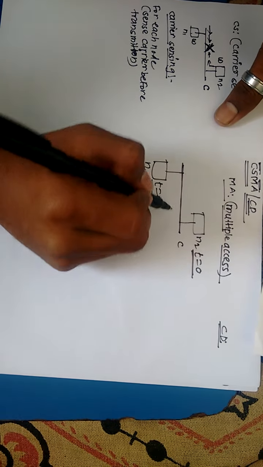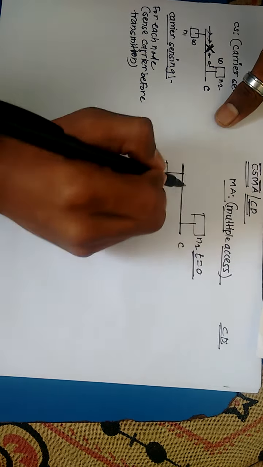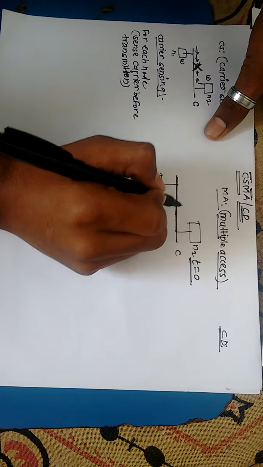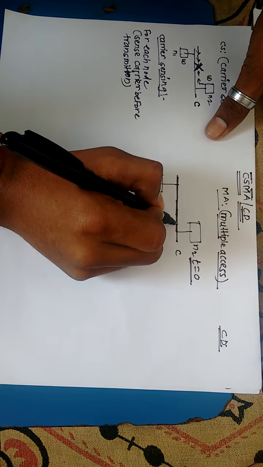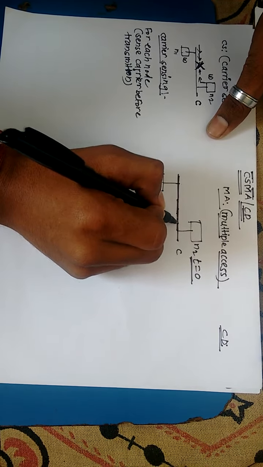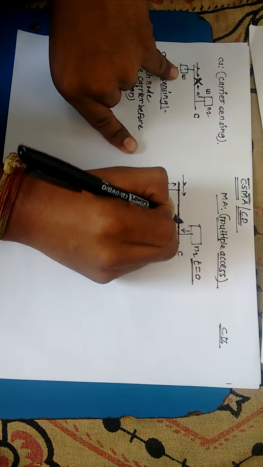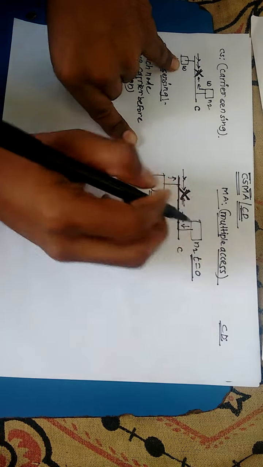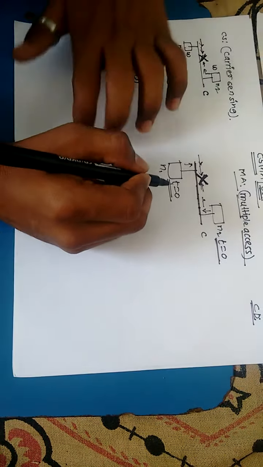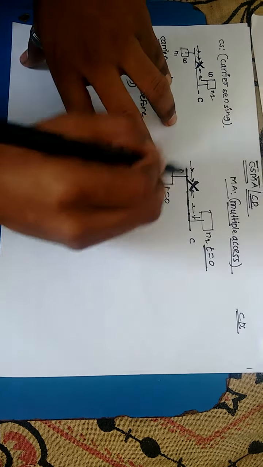In that case, they assume the carrier is free and no other node is using it. So the nodes N1 and N2 will start transmission of data at the same time, and again a collision arises due to the transmission of data at the same time.